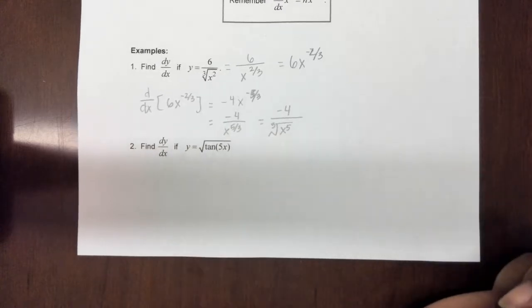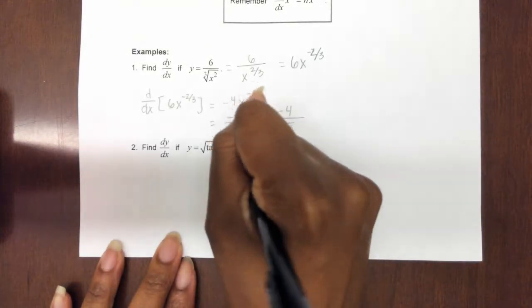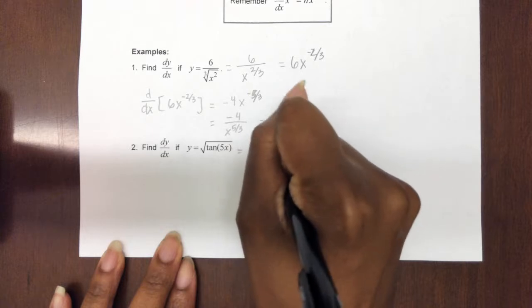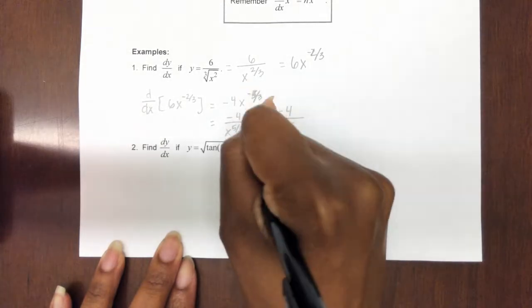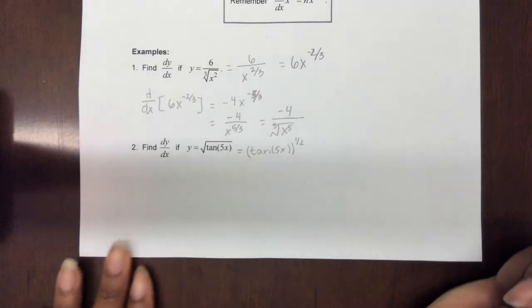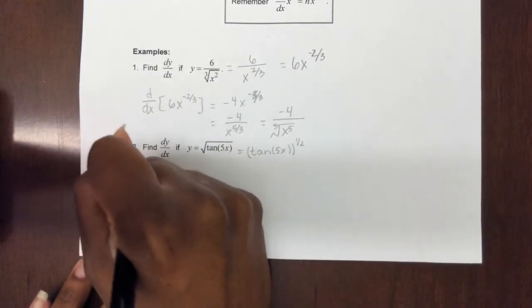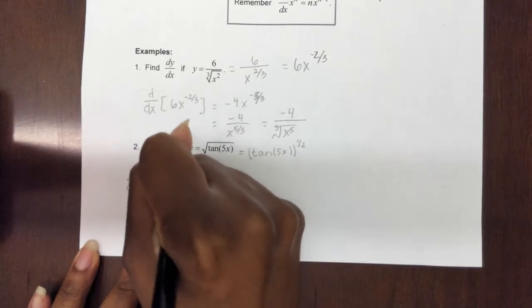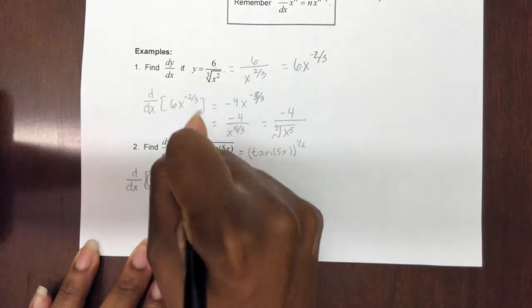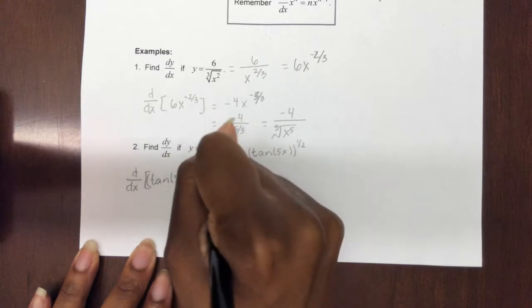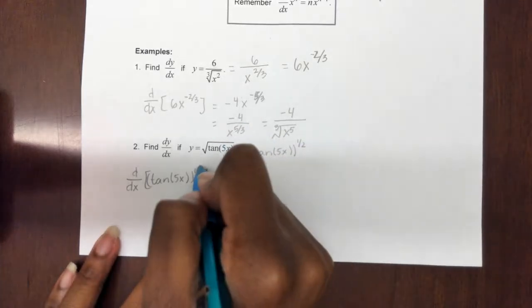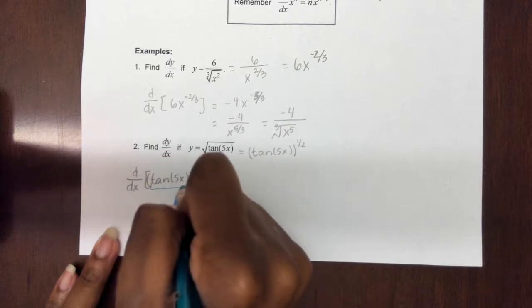Alright, and for the last problem, we can rewrite this as tangent 5x to the 1/2, and take the derivative of that. This becomes a multiple baby mama rule. So this is the mama, and here's the baby.